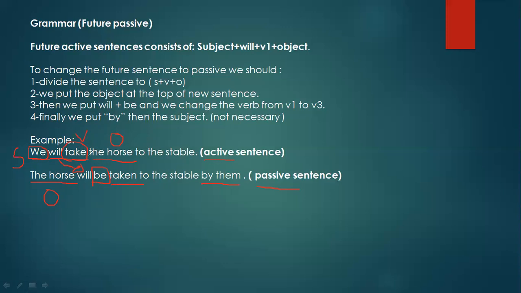Then I change the verb take to verb 3, from verb 1 to verb 3. Then I complete the sentence as it is. At the end I put by, then the subject. I changed the subject from we to them.